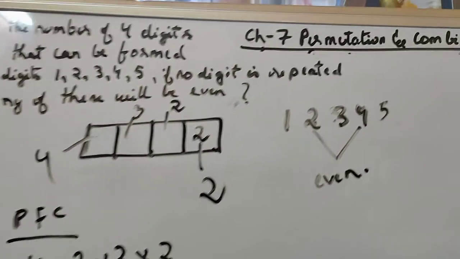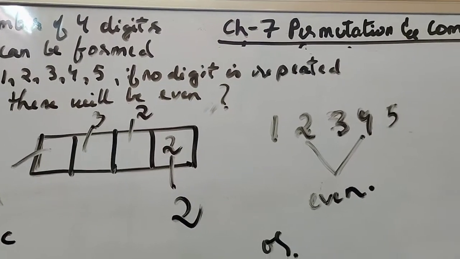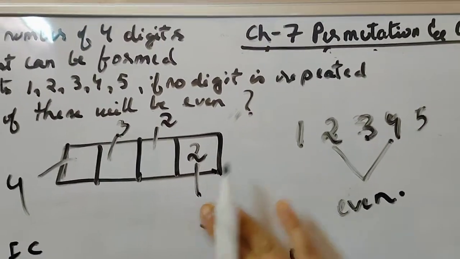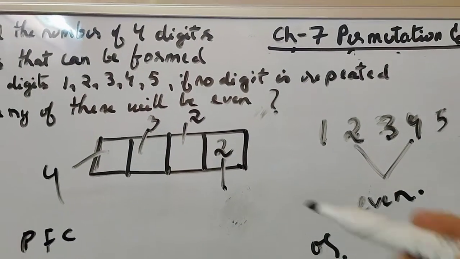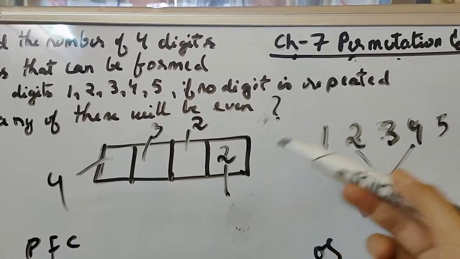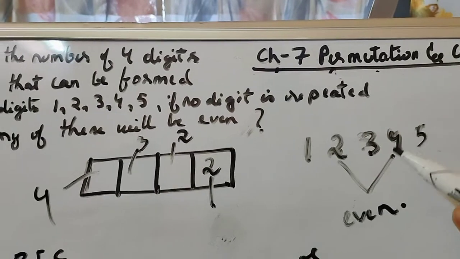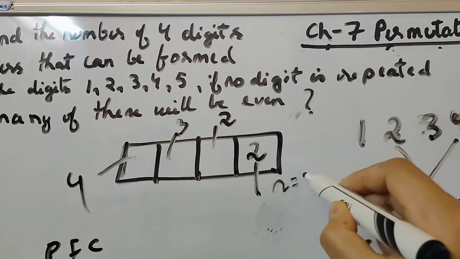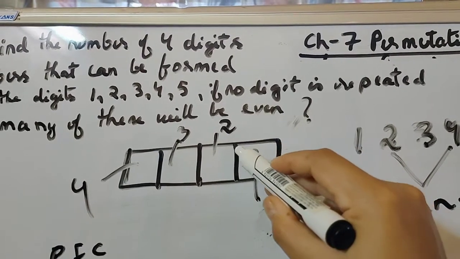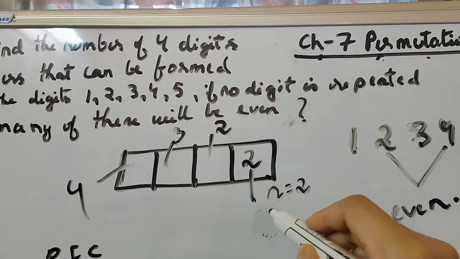Now using permutation, how can you solve? Same like the previous question. Here I have 2 options left, that is 2 and 4, for making a 4-digit even number. That means my n is going to be 2 and the condition is for the last place only.